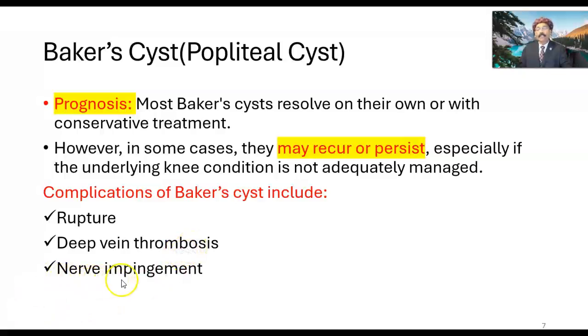Nerve impingement, yes, with nerves like the sciatic nerve and its continuation, the tibial nerve and the common fibular nerve. The tibial nerve may be compressed here and we may have tingling and numbness along the distribution of the tibial nerve.